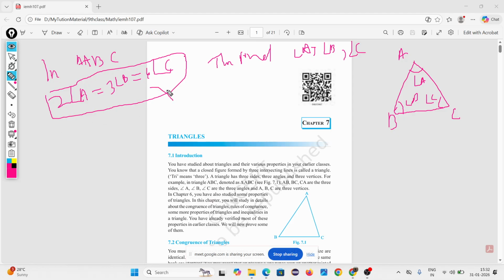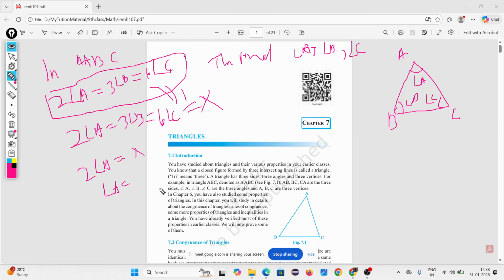I can take all as a constant, X, because all are equal. 2 angle A equals 3 angle B equals 6 angle C equals X. 2 angle A equals X. Angle A equals how much?